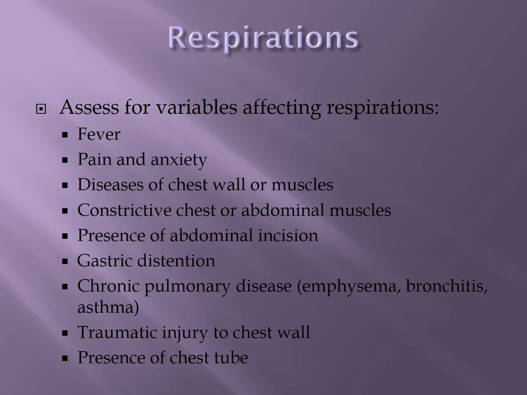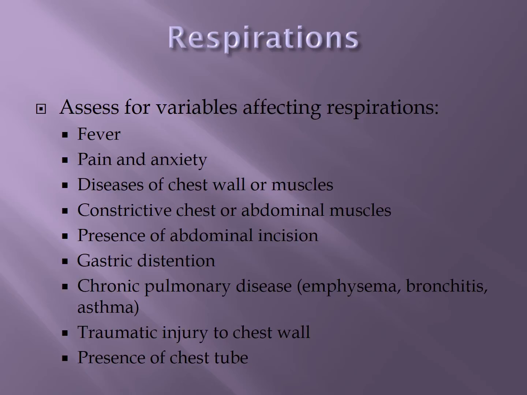Again, we want to look at variables as to what can cause respiratory rates to change. And some of these are the same things that we see as variables that affect all of the other vital signs. But things we have to look at is, do they have an abdominal incision? If they have an abdominal incision that is in the upper abdomen, they're going to be less likely to want to breathe very deeply.